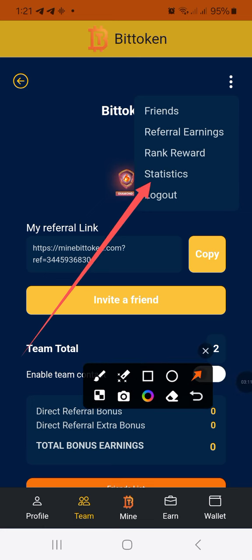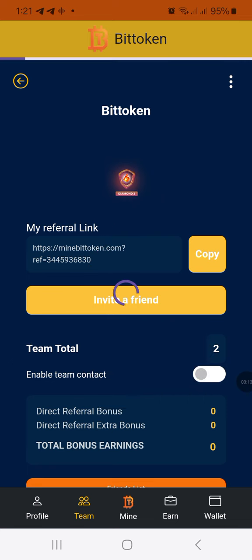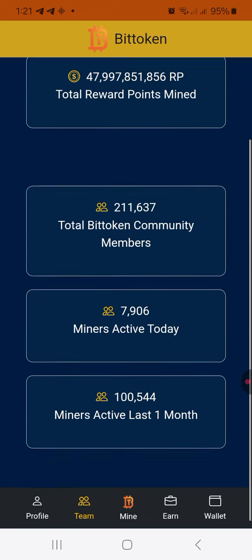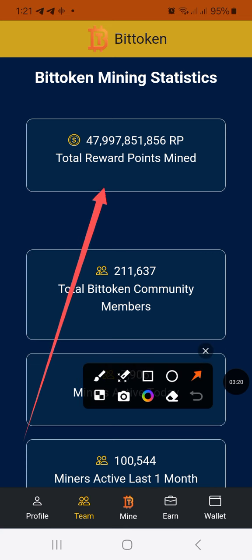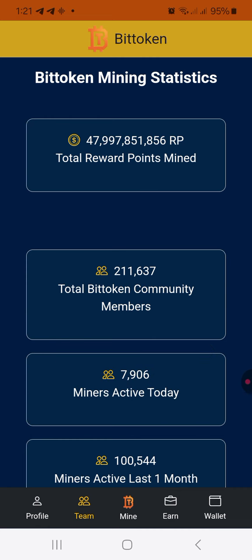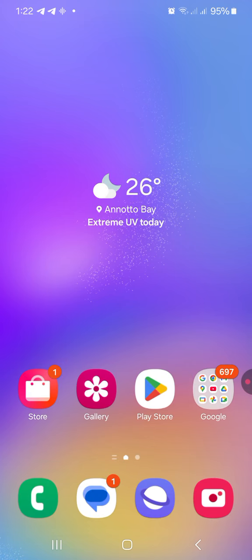What we're looking for is this number, the total reward points mined. So you're going to look at that number. Now, let's go to the calculator and let's show you something.